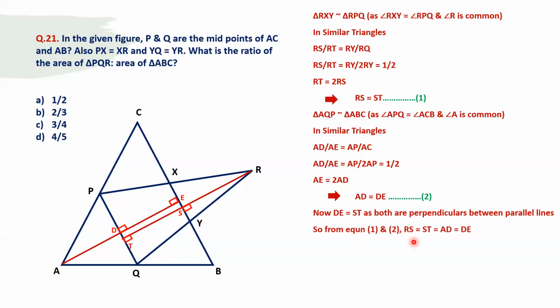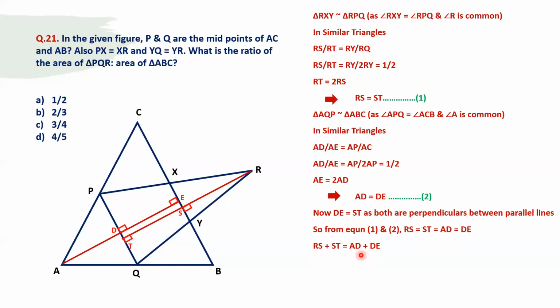Now from equation number 1 and 2, RS is equal to ST is equal to AD is equal to DE. All these four, RS, ST, AD, DE, they all are equal, right? Because DE is equal to ST. Now if we add them, RS plus ST is equal to AD plus DE. We can write it in this manner also, right?